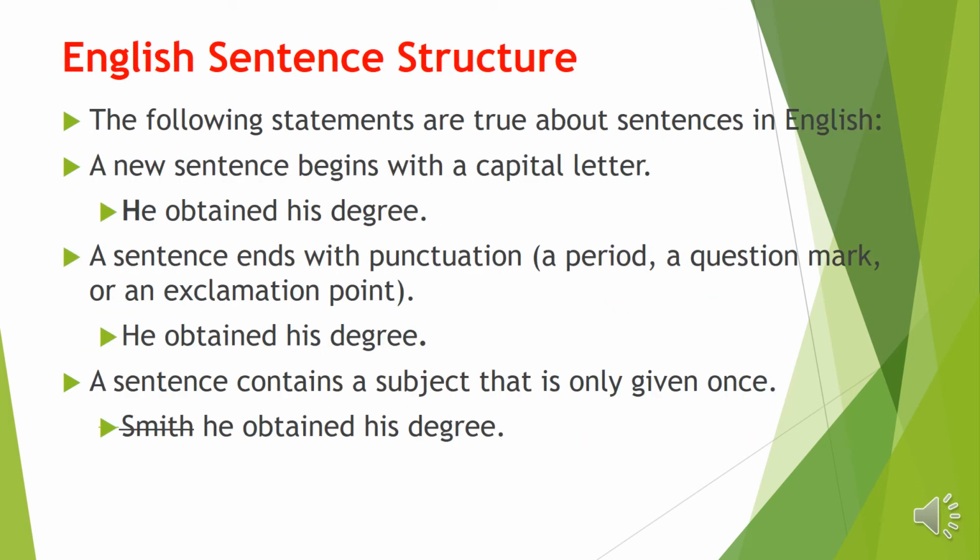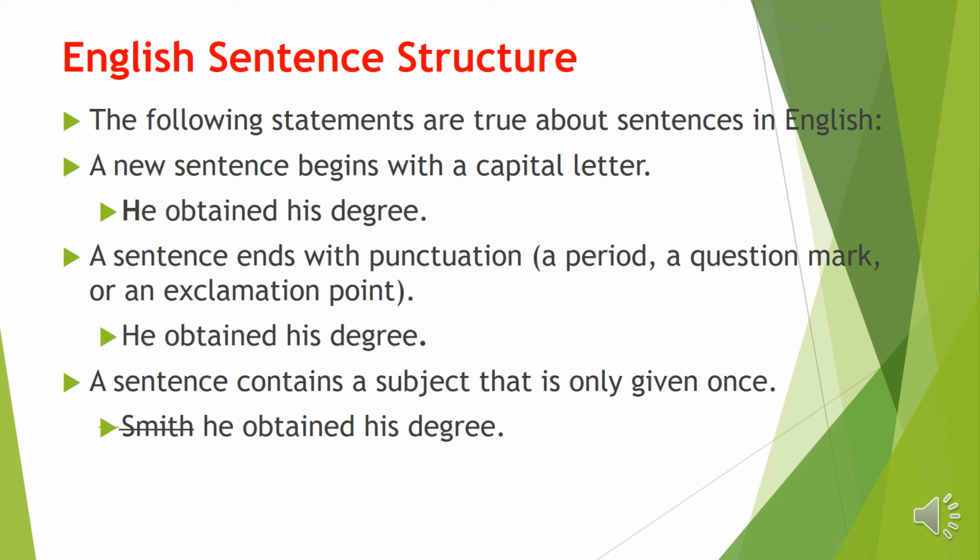In English sentence structure, my dear viewers, if we discuss closed structures, we also discuss English sentence structure. This is part of our topic. Remember, the following statements are true about sentences in English. A new sentence begins with a capital letter. Example: "He obtained his degree."